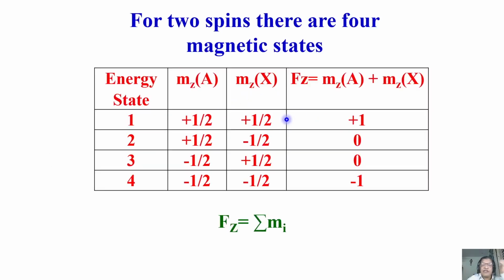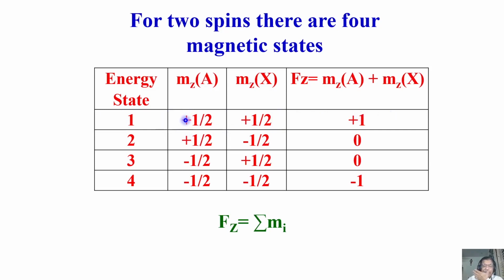Now, what are the two possible spin states for this? Remember, when we worked out the possible transitions in two weakly coupled spin systems, we also worked out the magnetic quantum number for each spin state, and then each possible orientation of each spin, and then for each energy state we worked out the total magnetic quantum number.